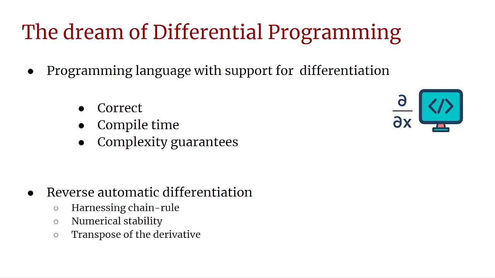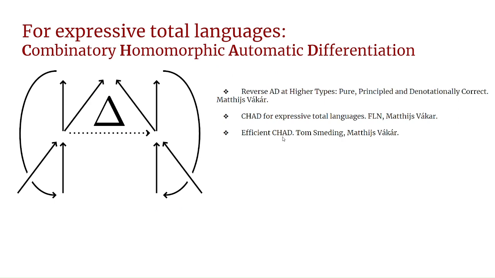It exploits the chain rule to compute the derivative of functions. It gives numerical stability, and it computes the transpose of the derivative directly, and that's precisely good when you have a function with a domain with large dimension.